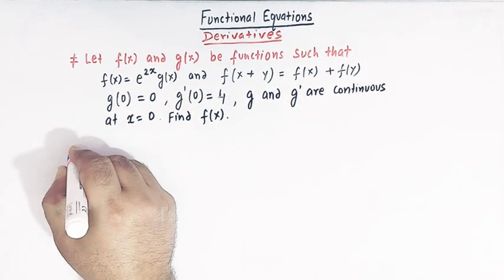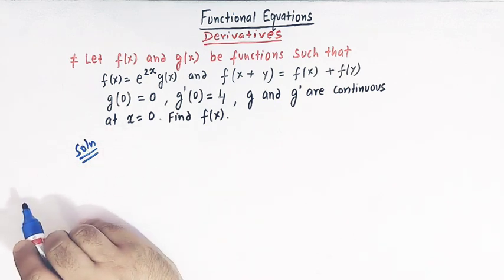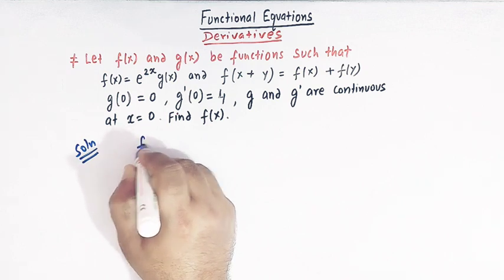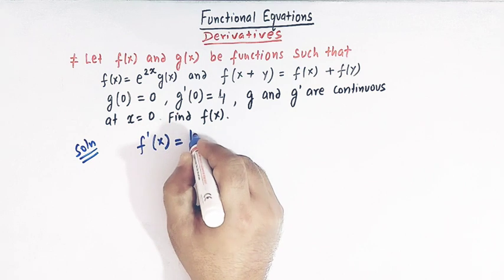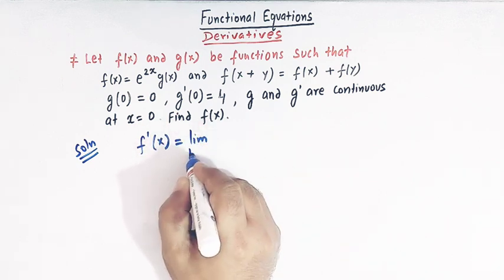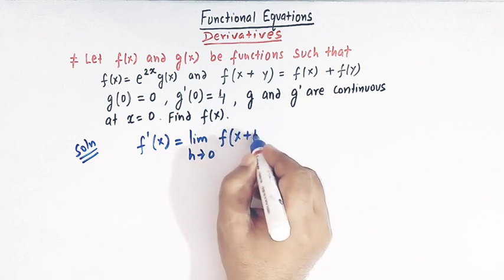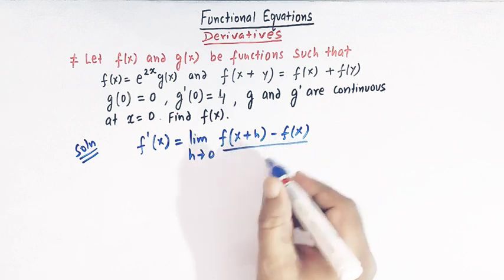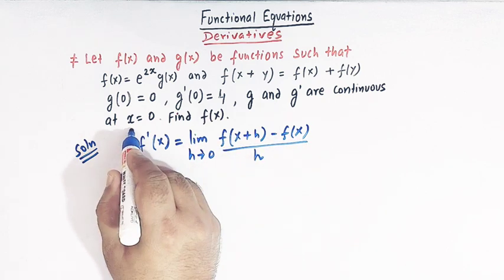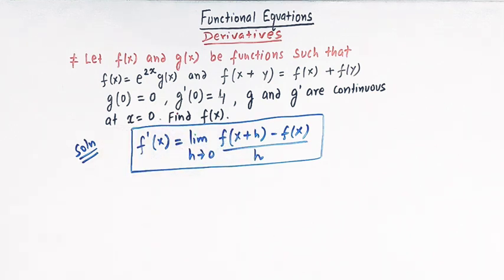So let us start with the definition of derivative of a function. Now see, we know that the derivative of a function f of x is defined by this limit, that is limit h tends to 0, f of x plus h minus f of x divided by h. So this is the definition of derivative of a function f of x.